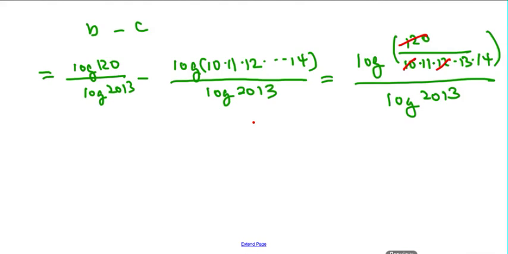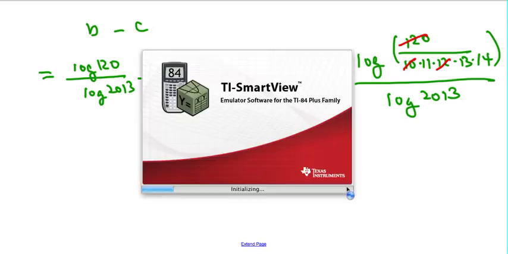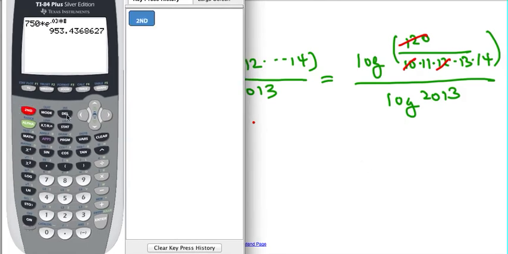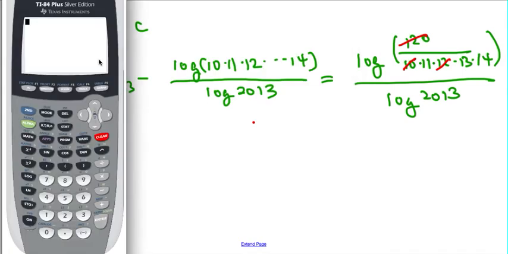So if I were to borrow the calculator quickly, 11 times 13 times 14.